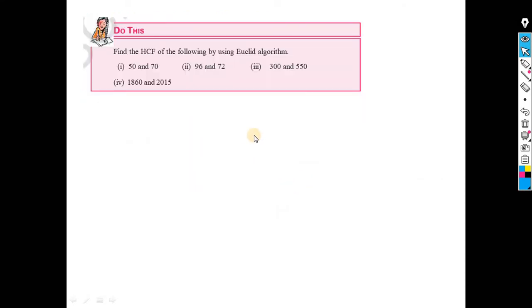There are 4 sums given here. Let me take one example at a time and demonstrate each one. The first problem has 50 and 70. What is the formula? C is equal to dq plus r, where 0 less than or equal to r less than d.